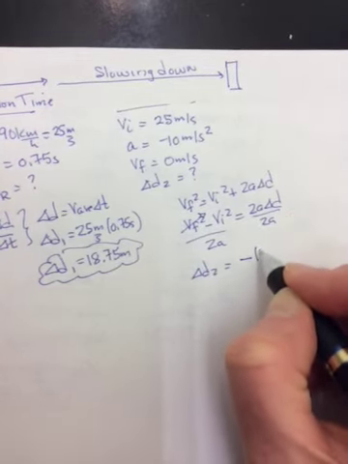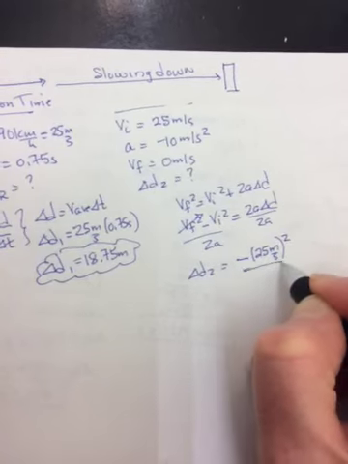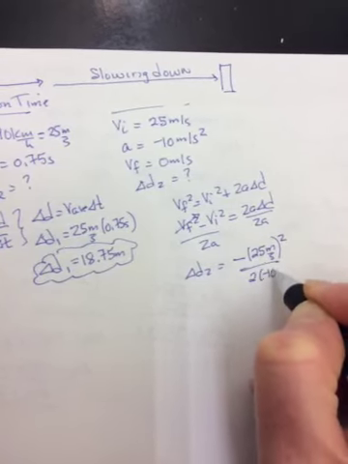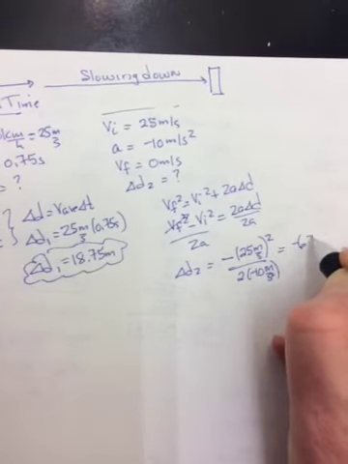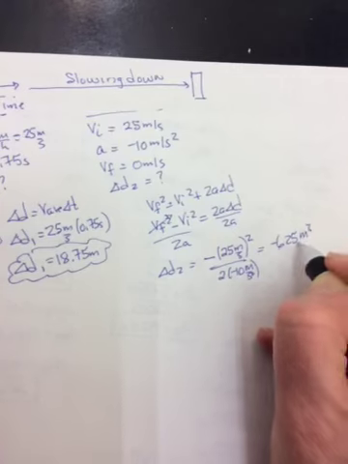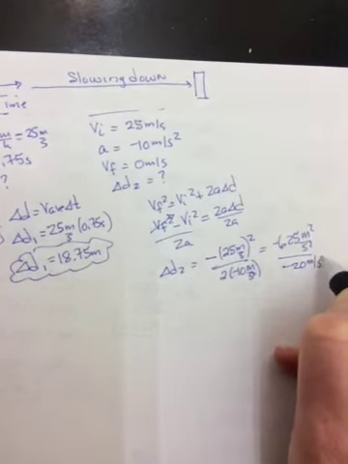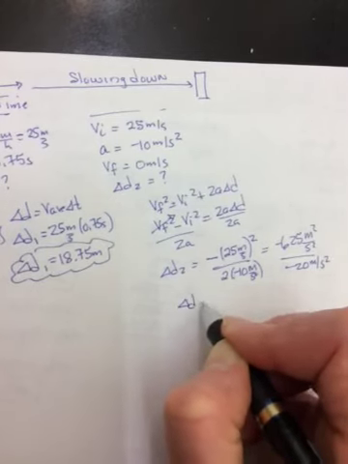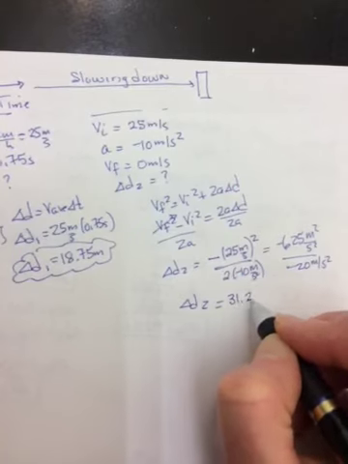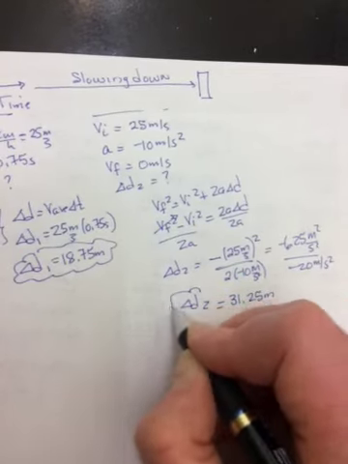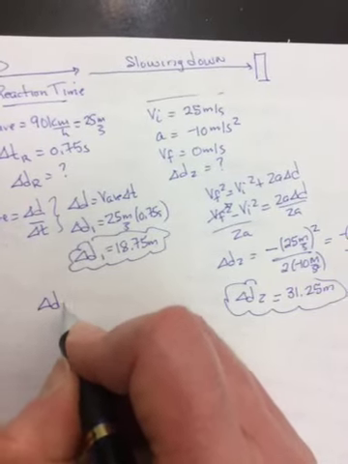So subtract 25 meters per second, and remember that's squared, over 2 times negative 10. So on the top it's going to be negative 625 meters squared per second squared, and on the bottom it's going to be negative 20 meters per second squared. So you get a delta D2 of 31.25 meters.